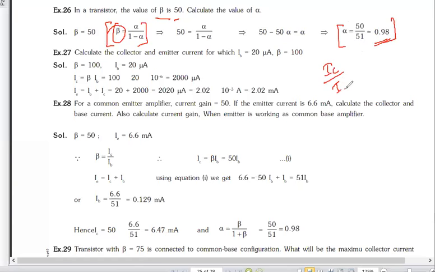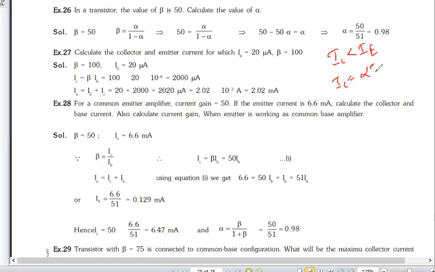IC by IE. That's the mistake I did. Sorry, guys. I made the mistake in writing the value of alpha, because IC is less than IE. So if IC is less than IE, IC should be equal to alpha into IE. I was writing IE equal to alpha IC, which is a mistake, because IE is greater than IC.